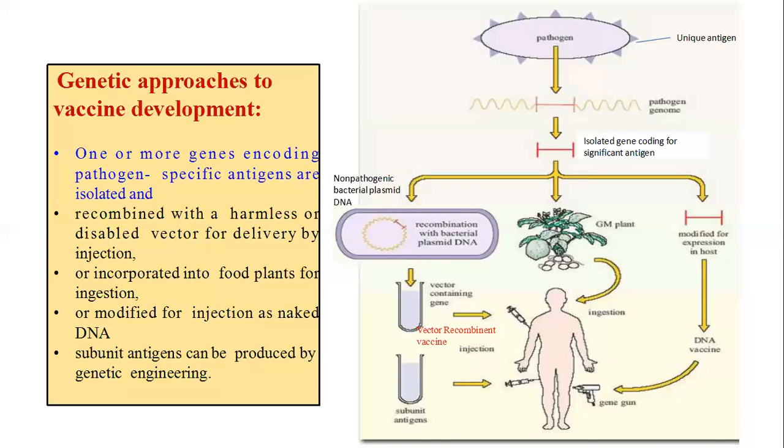In the second mode, we can also transfect the gene into a genetically modified plant. But here, this transfection is not an easy way. We have to use a new method that is known as the gene gun technique.